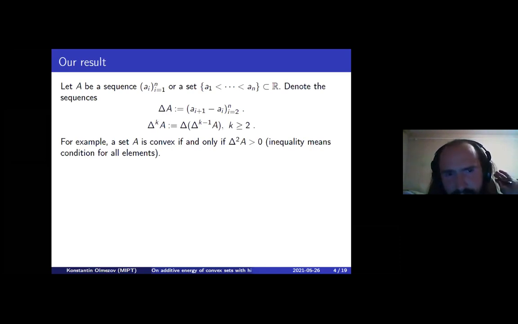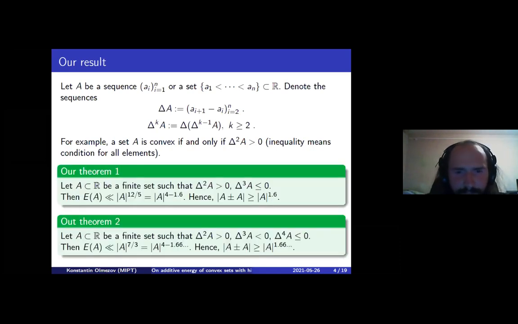I say that a set is convex if the second discrete derivative is positive at any point.